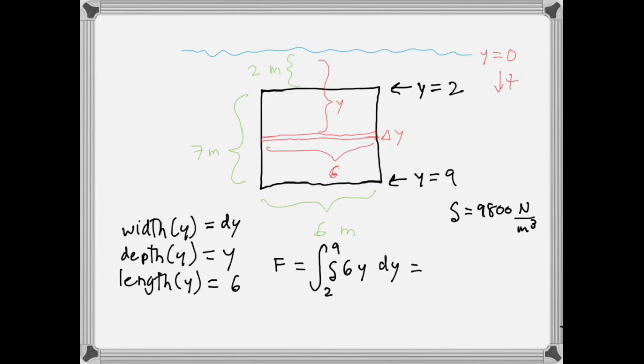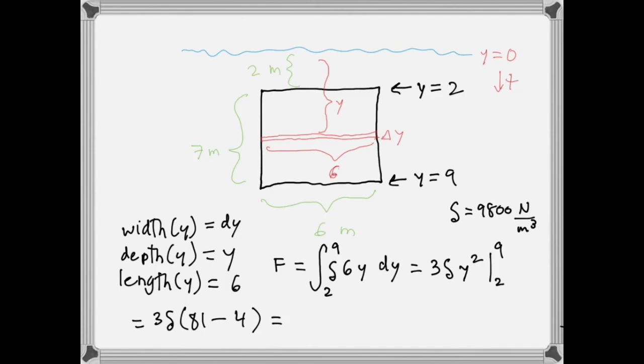So if you take the antiderivative of this, the antiderivative of y is 1/2 y squared. So if I do the 1/2, I'm actually going to get 3 delta and then y squared, and I'm going from 2 to 9. What is this going to equal? I get 3 delta times 81 minus 4, which is 77.